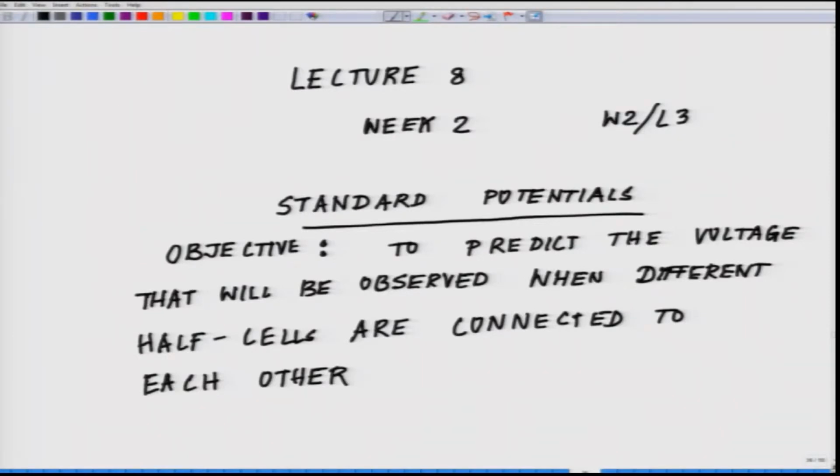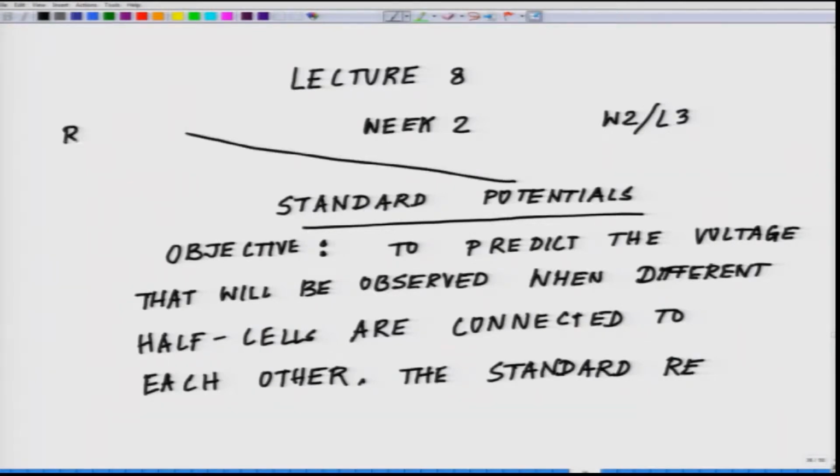The standard reduction potential, now I will come to this concept. When we talk about standard potential, it could be standard reduction potential or standard oxidation potential. I told you that you have to go by one, and based on that, you develop the chart.